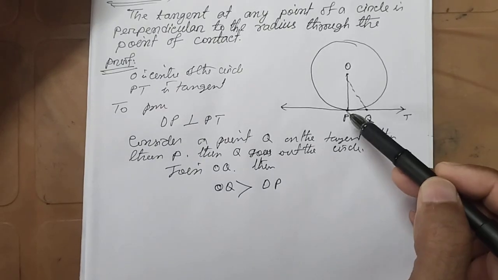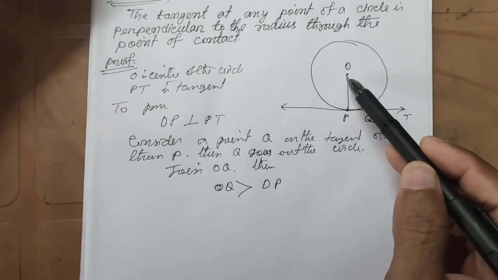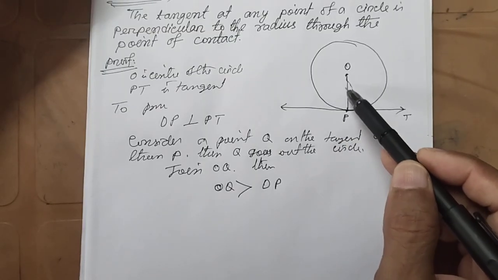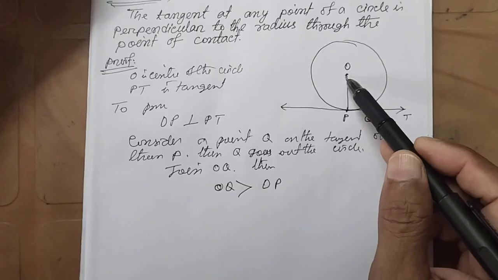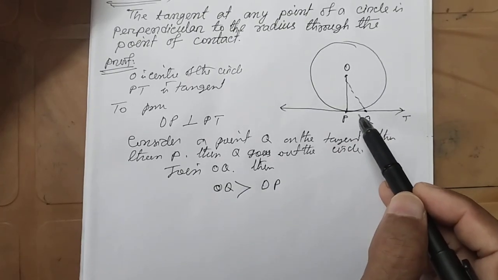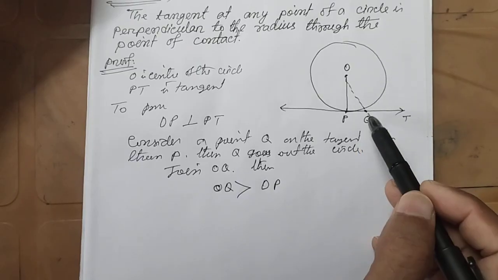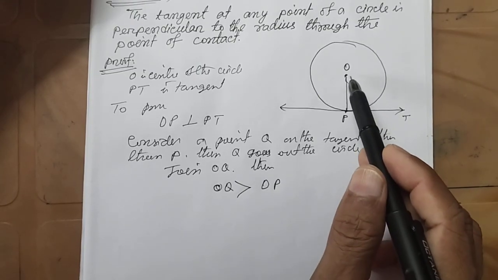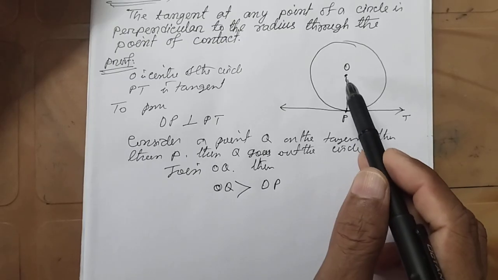So we are taking a circle with center at O, at the point P drawing a tangent, and we are asked to prove the theorem. According to the theorem, we have to prove OP is perpendicular to the tangent. Now taking a point Q other than P on the tangent, then join OQ, and point Q is going outside the circle, and obviously the OQ distance becomes bigger than OP.